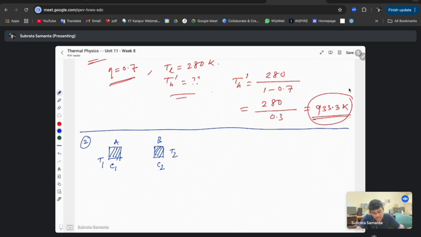Now we allow these two systems to mix. Let's say this one has mass M and this one also has mass M. The masses are the same, but the specific heats are different. Then the final temperature is basically C1 T1 plus C2 T2 over C1 plus C2.